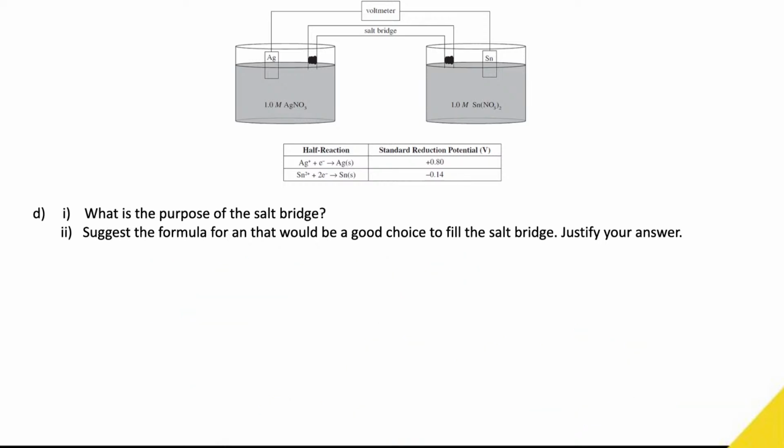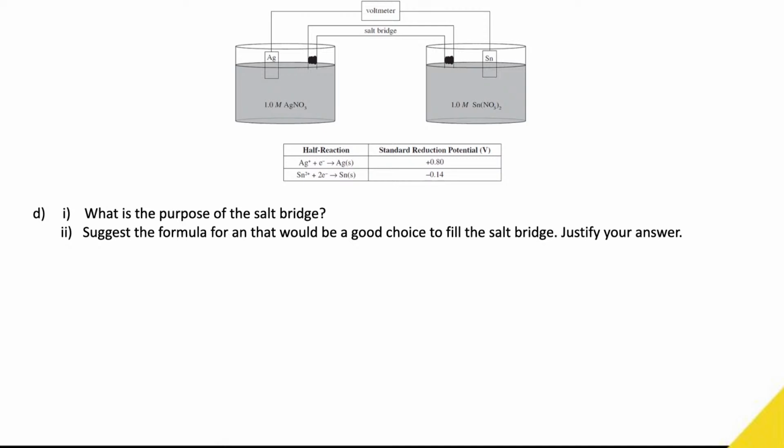Okay, so what is the purpose of the salt bridge? And then suggest a formula that would be a good choice in filling the salt bridge and justify your answer. If you don't want to justify the salt bridge right away, answer number two first. It doesn't matter.